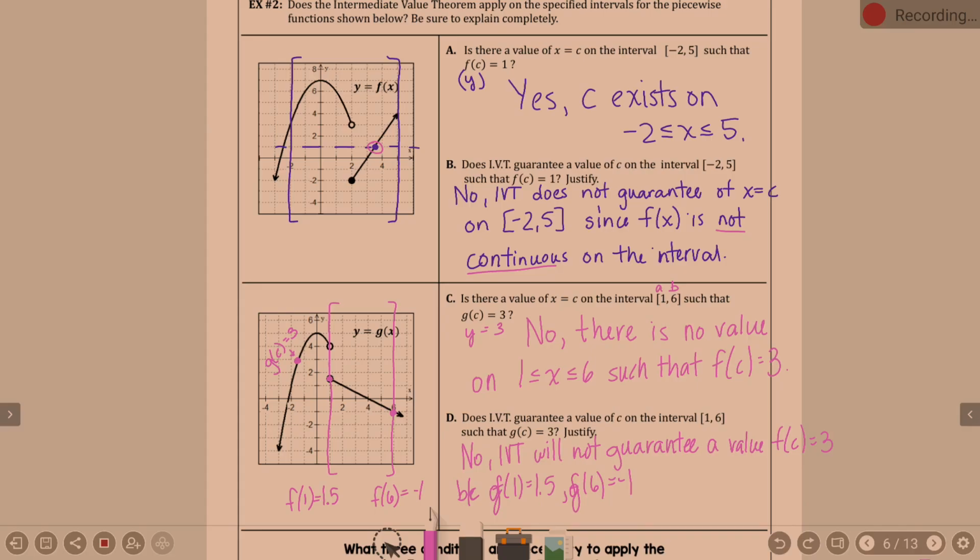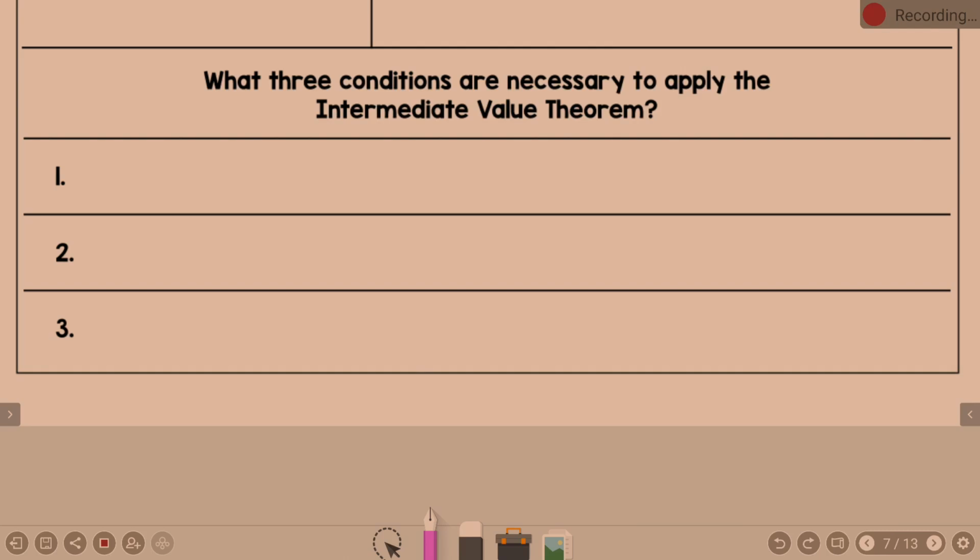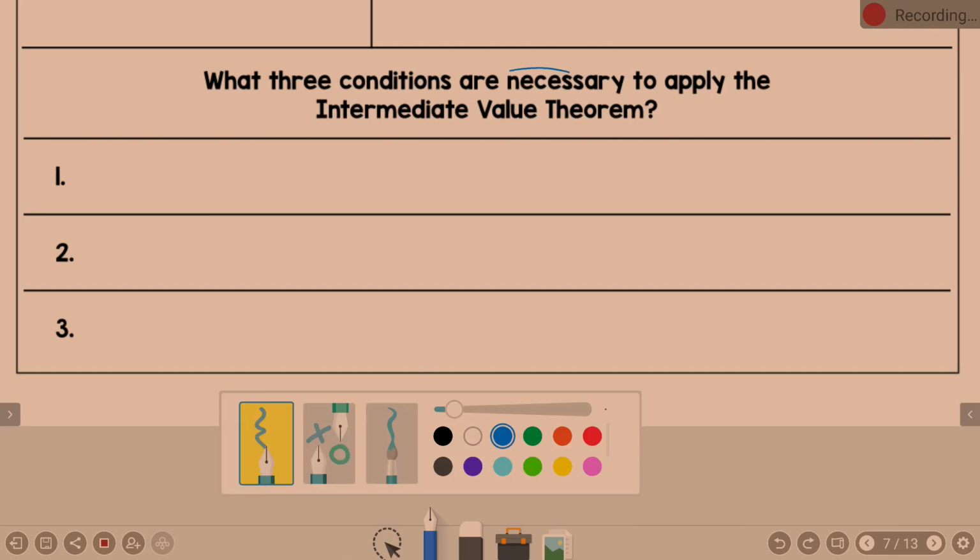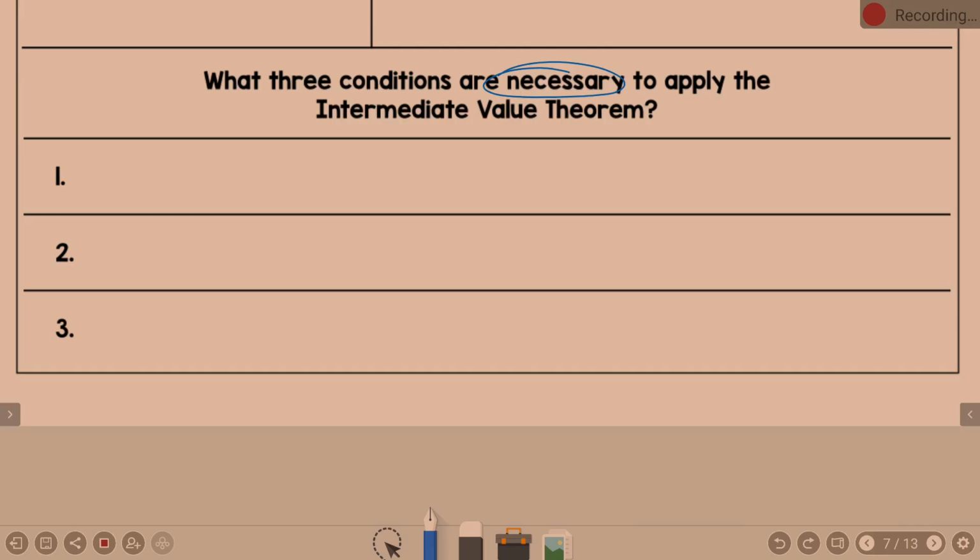Okay. At the bottom of this page, we have 3 blanks to fill in. What 3 conditions are necessary to apply IVT? The function has to be continuous. So f is continuous on the interval a to b, is my fancy way of saying this.